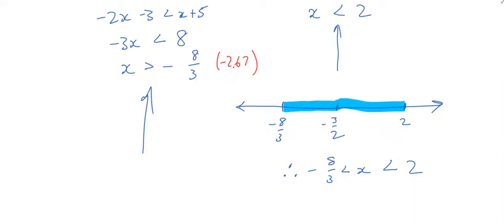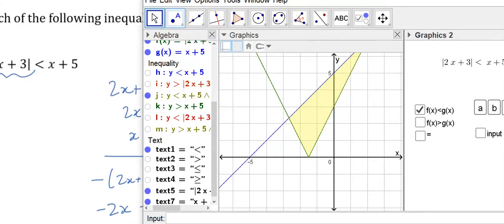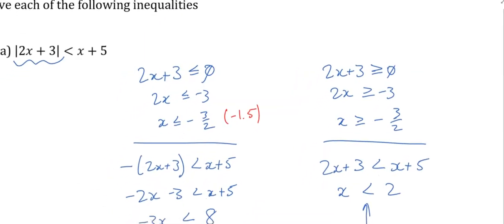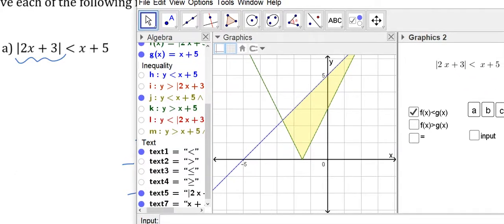Okay, let's do this. So here's the first question. It was the absolute value of 2x plus 3, so that's this green part. The green is always the left side of the equation. The blue is always the right side. Blue is x plus 5. You can see that if you just inspect it and think about lines. When is this absolute value less than the line?